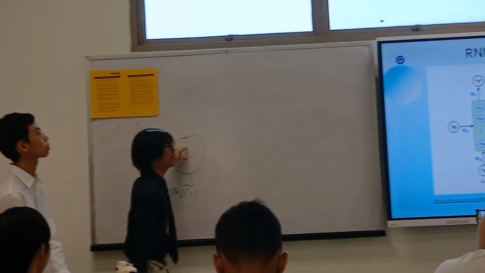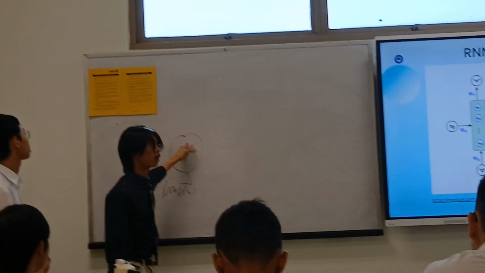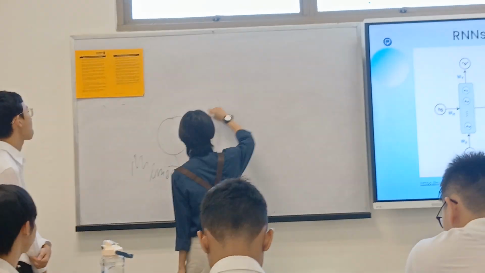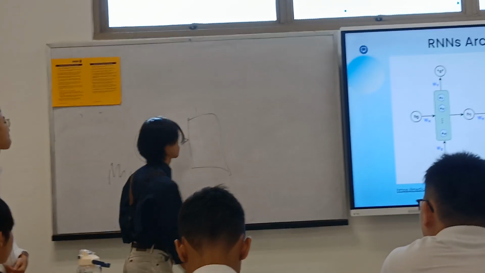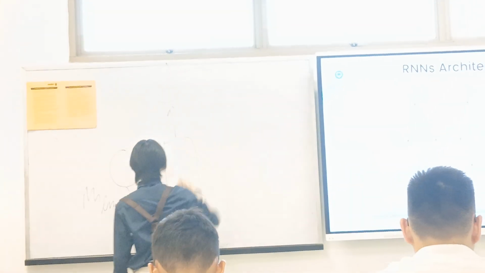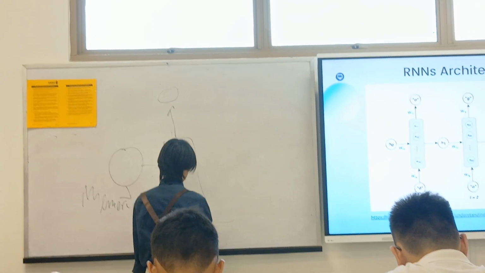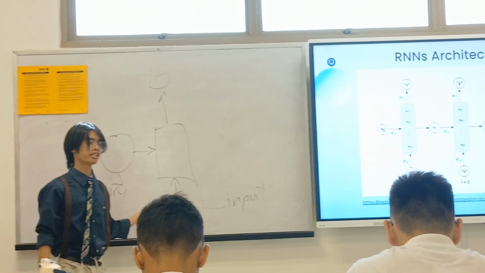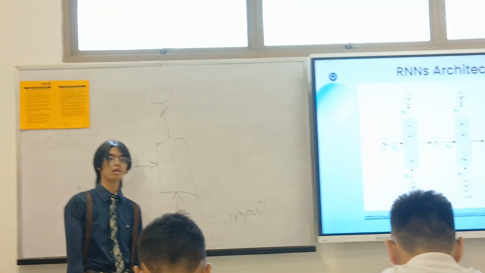That is how it remembers stuff and remembers the context. Now, this right here is the input. It is the thing that I typed in the search bar. Break a.